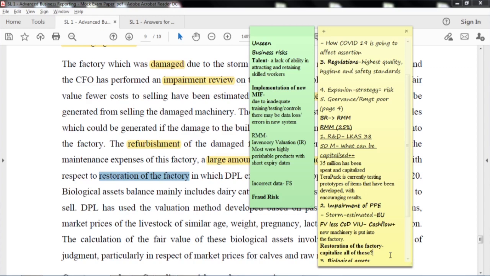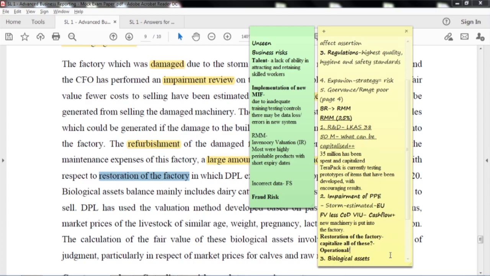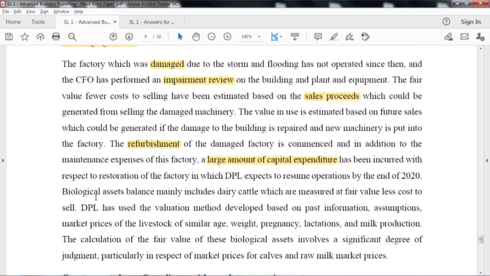Just because you spend, if it does not generate, you can't capitalize. So, basically we can apply the same capitalization principle in the PPE standard, and then decide some of the expenses as operational and some as capital expenditure. So, that distinction is an issue here, right.